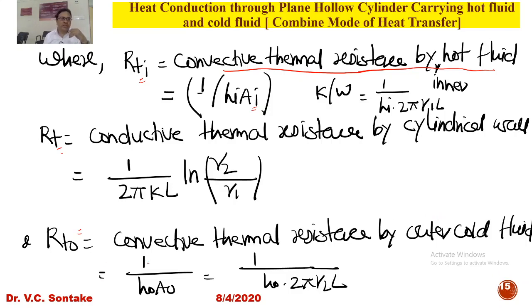It can be given as 1 upon ho Ao. Ao is the outer surface area, so it can be written as 1 upon ho into 2 pi R2 L. So this way we can express convective and conductive resistances in case of combined mode of heat transfer through a plane cylinder or cylindrical wall.